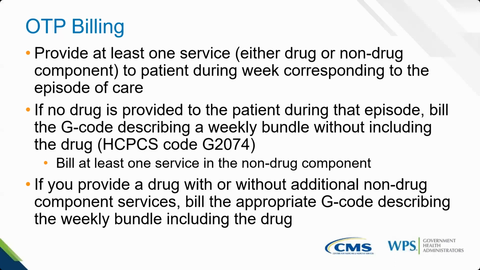This can be found in publication 100-04, Medicare Claims Processing Manual, Chapter 39, Opioid Treatment Programs. So there are a lot of different codes included in that second resource. Please take a look at that and use that as a reference if you are having any specific questions on any of these codes.